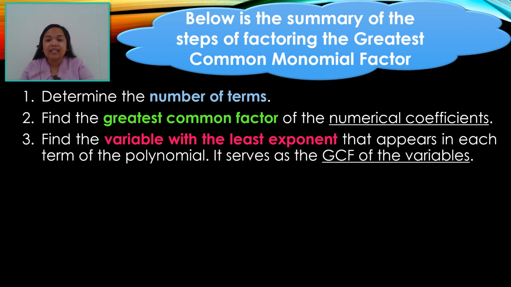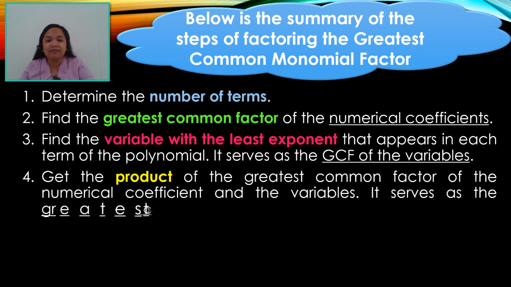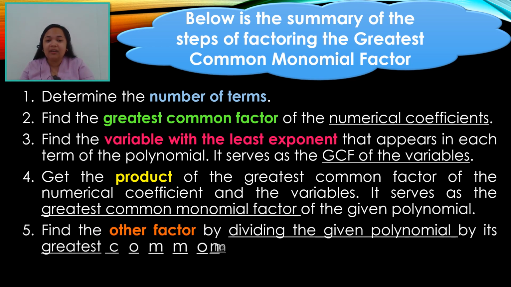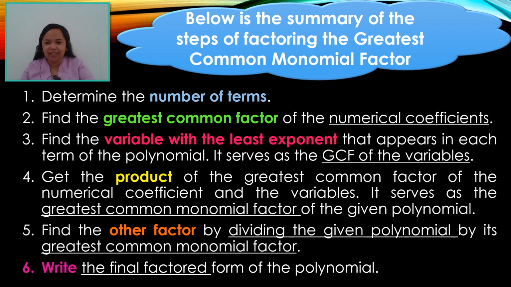It serves as the GCF of the variable. Step 4, get the product of the GCF of the numerical coefficient and the variables. It serves as the greatest common monomial factor of the given polynomial. Step 5, find the other factor by dividing the given polynomial by its greatest common monomial factor. And lastly, write the final factored form of the polynomial.